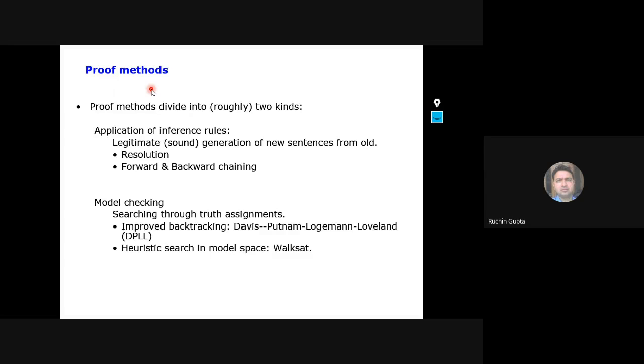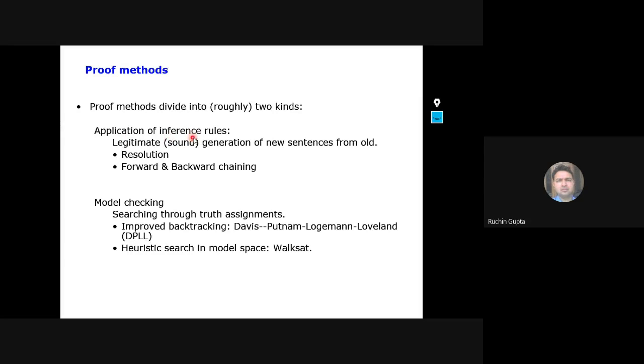Proof methods can be divided into two categories. One is the method which uses inferencing rules, and another is known as model checking.